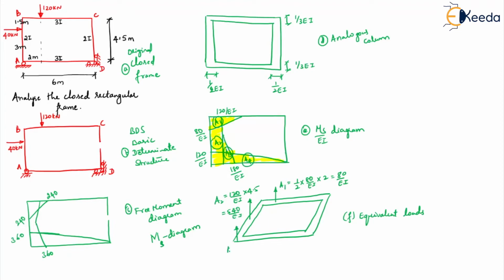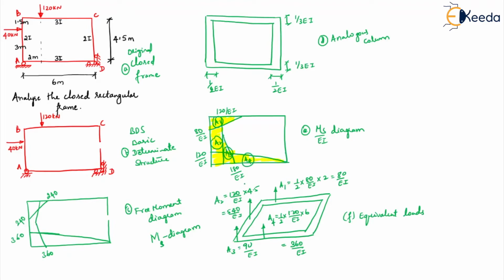Then A3 here I'll write, so that's 90 by EI, and finally your A4. A4 will be half into base into height, that's equal to 360 by EI. So these are all the areas.